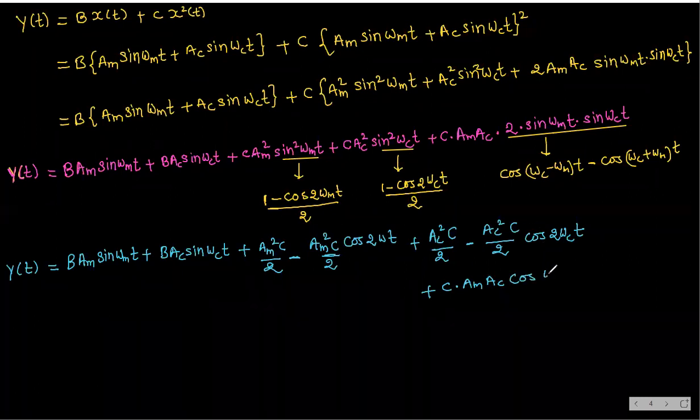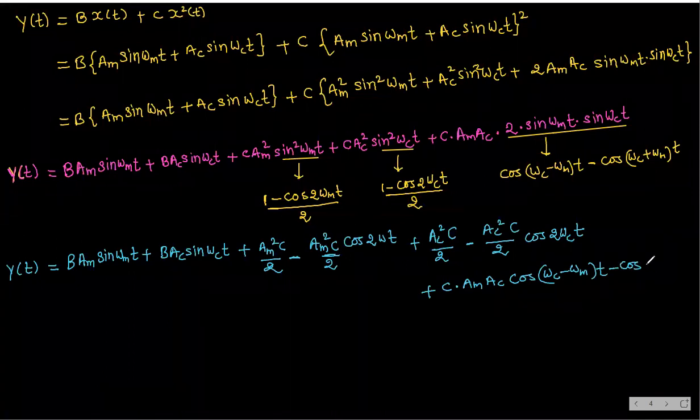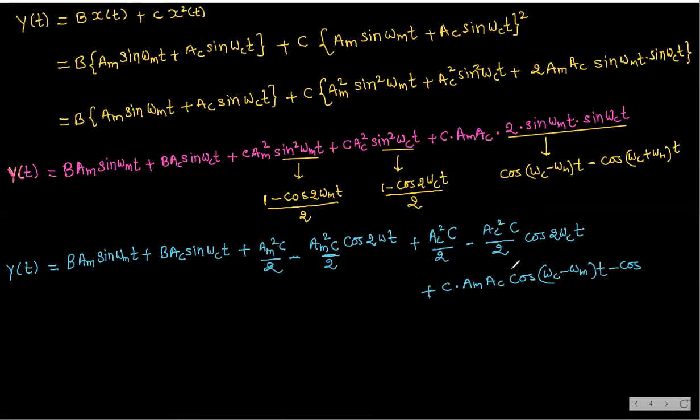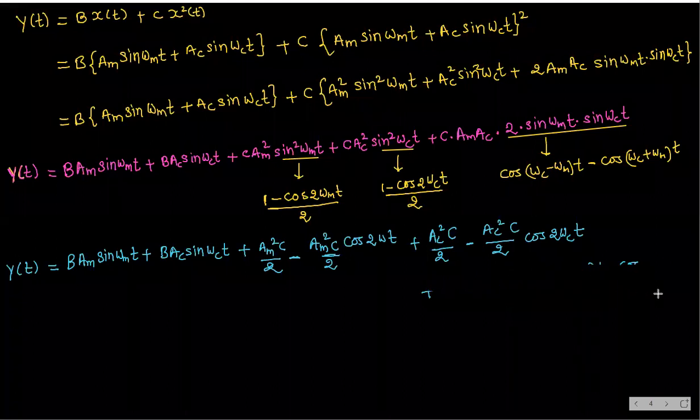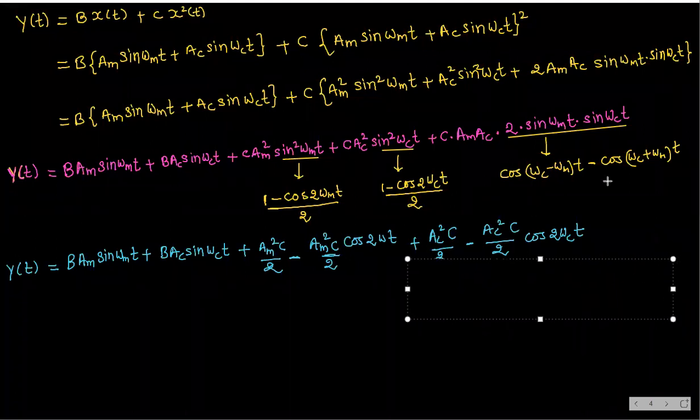cos (omega C minus omega M) into T minus cos, here I am keeping bracket, or else we will multiply only. One minute, I will write this step again. This part, okay?